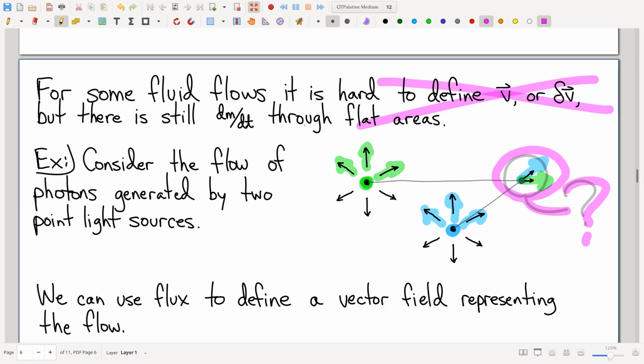There are photons coming from over there, and there are photons coming from over there. And more. There's a bunch of hot spots all over this screen that are all shooting out photons that are coming to this same point. So this is the natural state of affairs of the flow of the fluid of light.